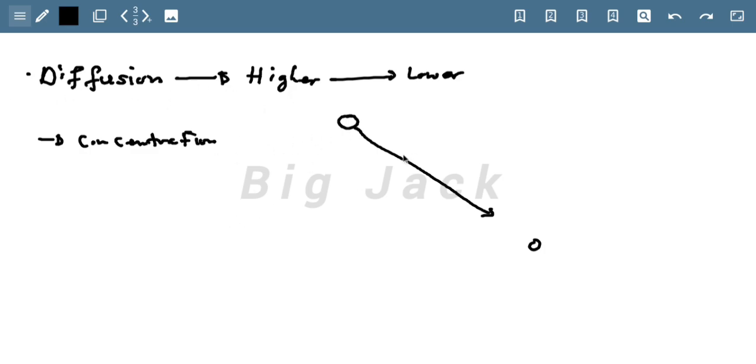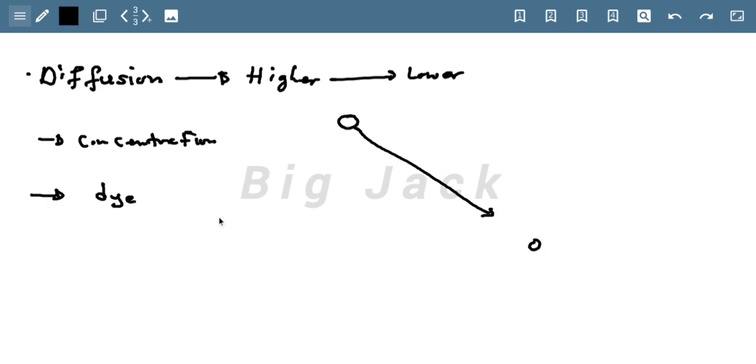For example, if someone is wearing perfume, you are able to feel the smell, because the perfume has a higher concentration of particles than where you are. So the particles move from where he or she is to where you are. That is diffusion. You can also give an example of diffusion with dye.